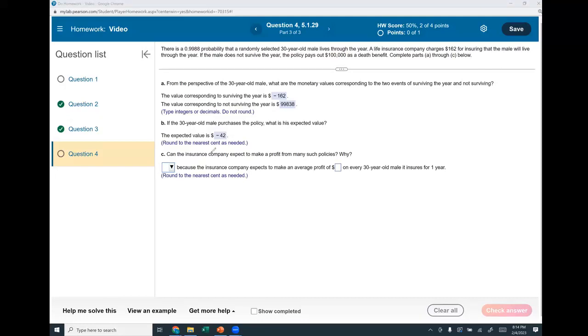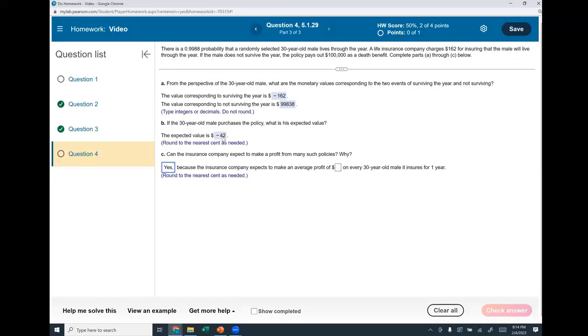Okay. Can the insurance company expect to make a profit from many such policies? Well, sure. Because the expected value to the 30-year-old male is negative $42.